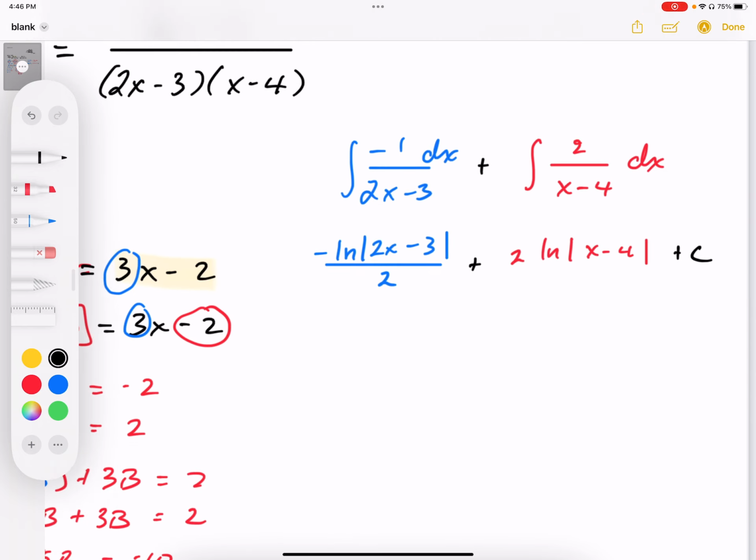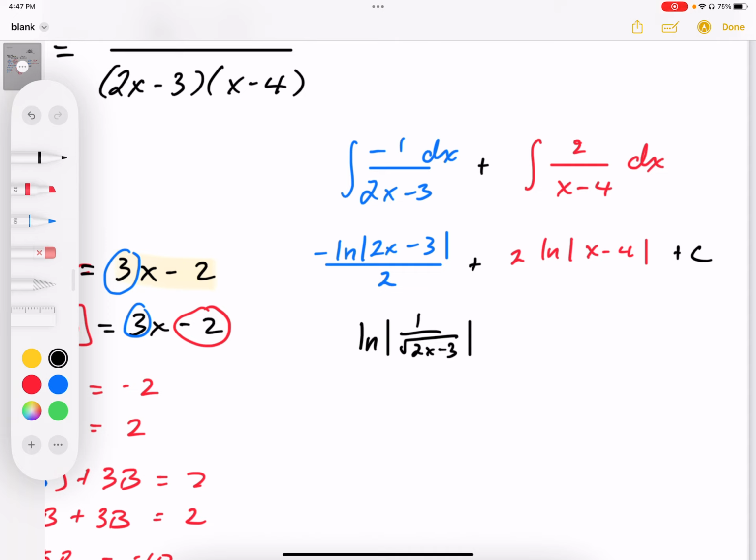I can combine some of this, and I can maybe combine it like this: log of 1 over the square root of 2x minus 3. So that negative 1/2 on the outside becomes the square root in the denominator on the inside.